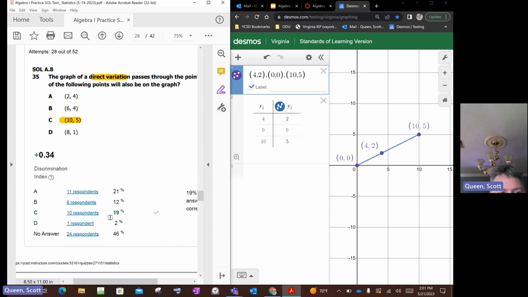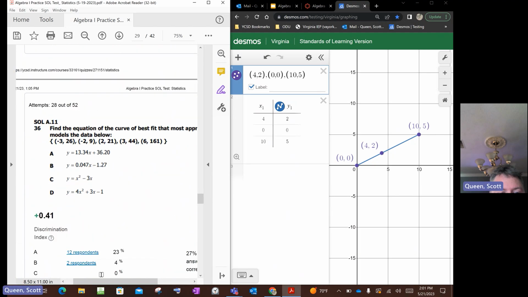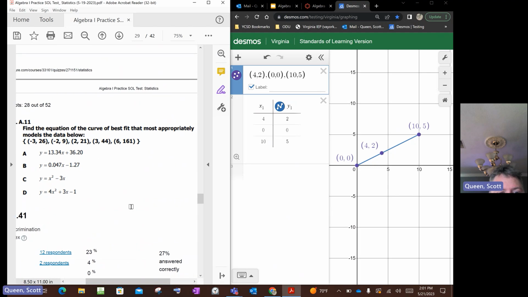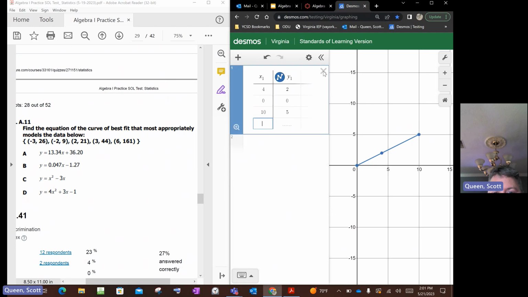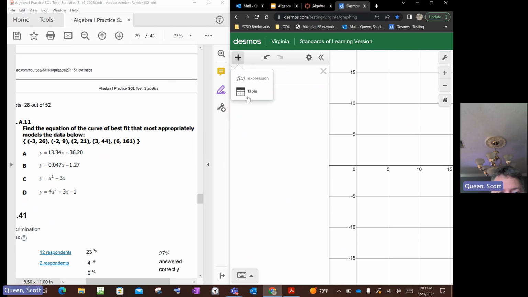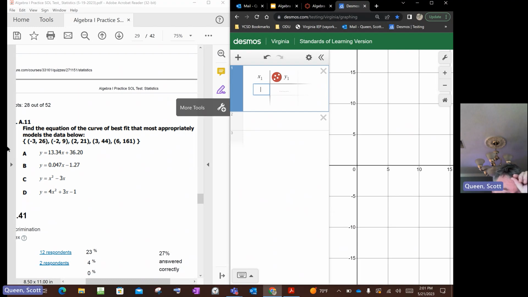All right, that was 35. Let's go to 36. Find the equation of the curve of best fit. Okay, so again, I think a table will be extra helpful. Tell you what, let's just start over. I messed up my table. All right. So I see all these points.